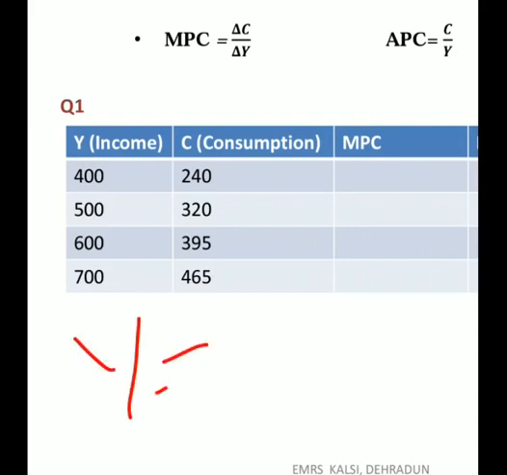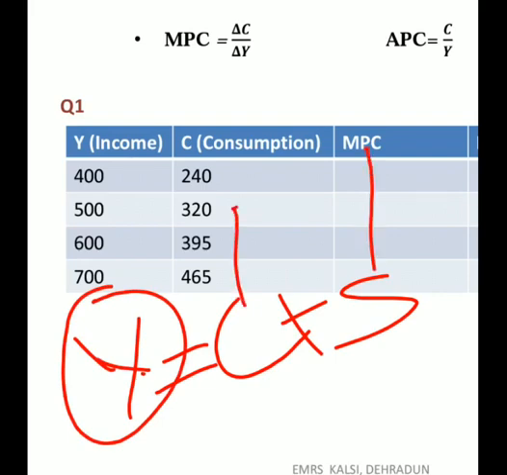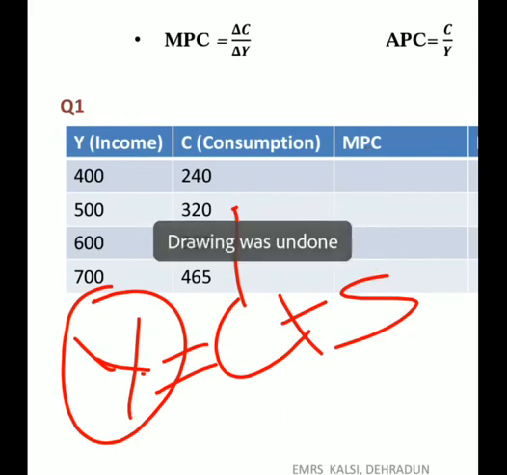And how will you find it? Y equals C plus S. This is the formula here. It means from our income, we either consume, or we save, or we do both. We consume a little bit and we save a little bit. So if we have to find savings, we will shift C to the left side and keep S on the right side.